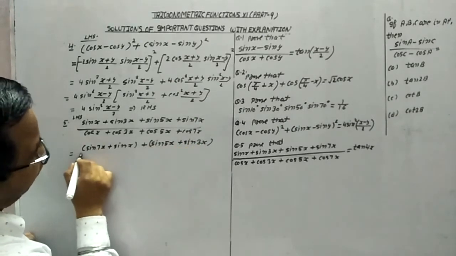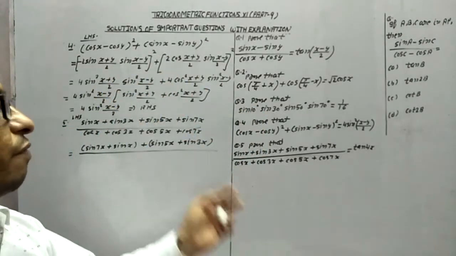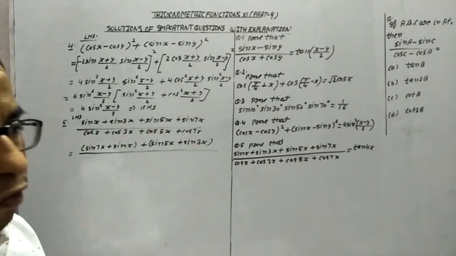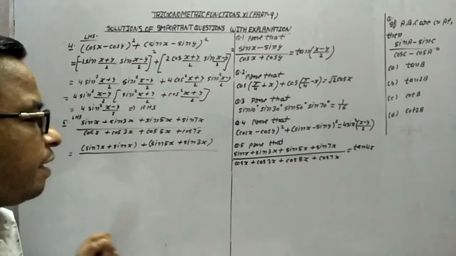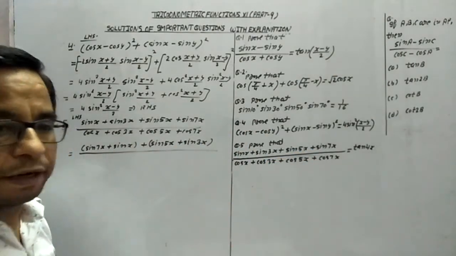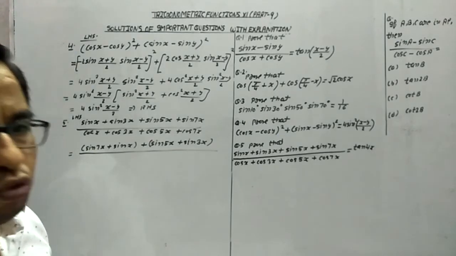If there are more terms, then also we have to apply the same rule. First of all we have to collect the terms whose angles provide the sum 8, because the identity is divided by 2 and that will provide 4x.